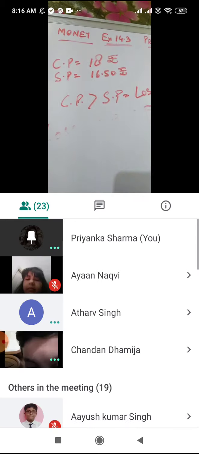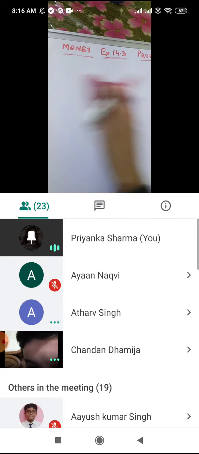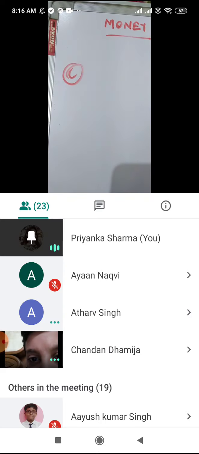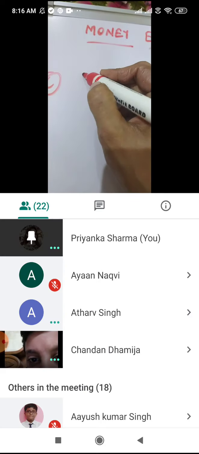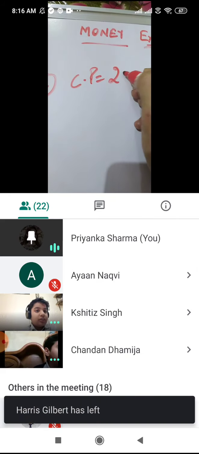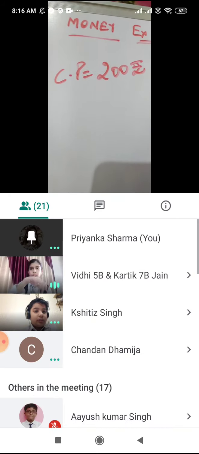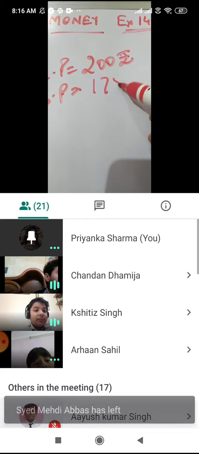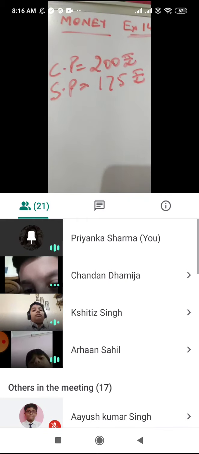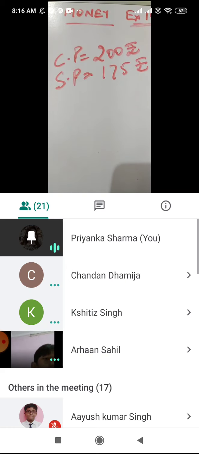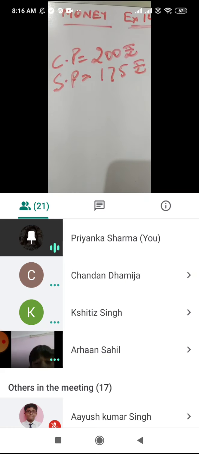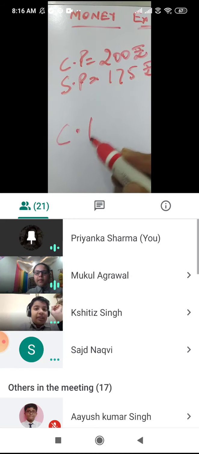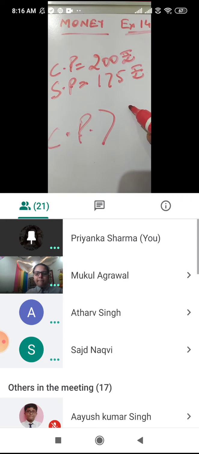Another sum. Sum number C. How much is the cost price given? Cost price is equal to rupees 200. How much is the selling price given? Selling price is rupees 175. By looking at the question, what is coming into your mind? CP is bigger or SP is bigger? Here CP is greater than selling price.